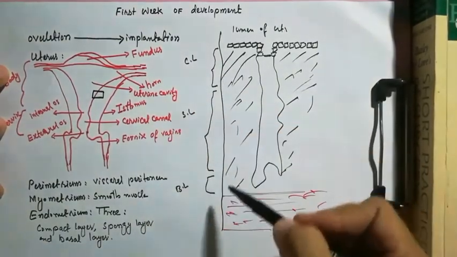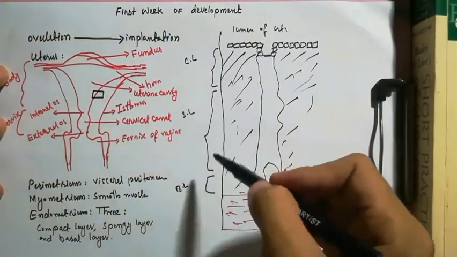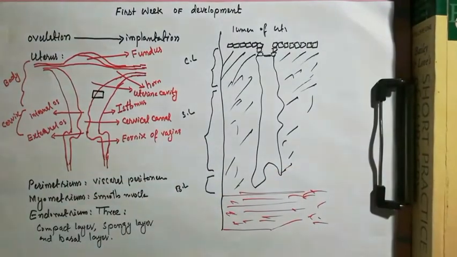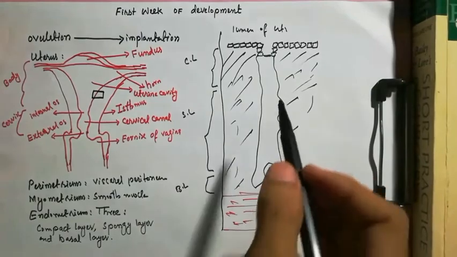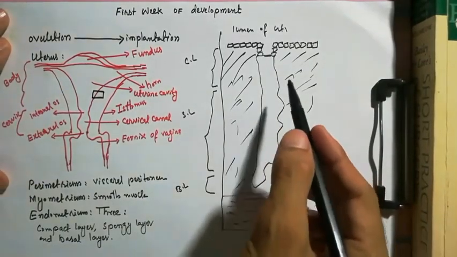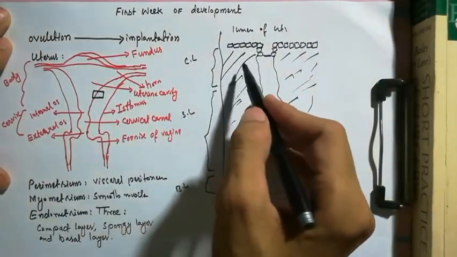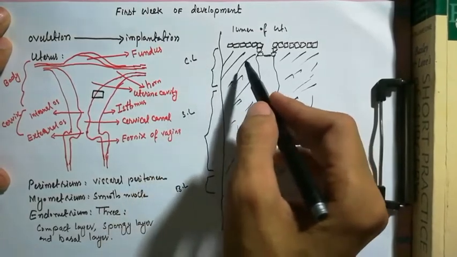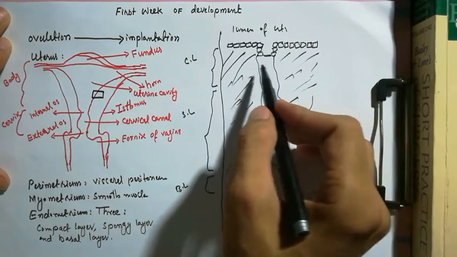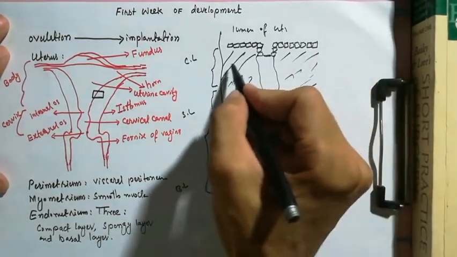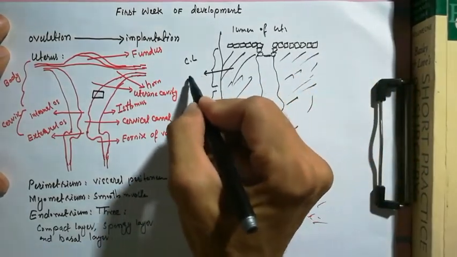Compact layer and basal layer are thin, and spongy layer is thick. Suppose that this section of uterus is during the luteal phase of menstrual cycle. This is called compact because the connective tissue present in this layer is dense.